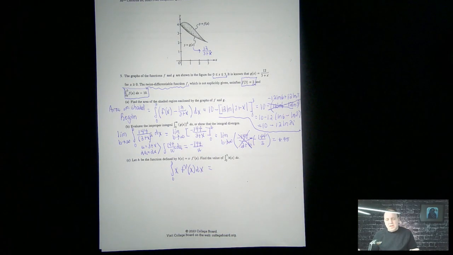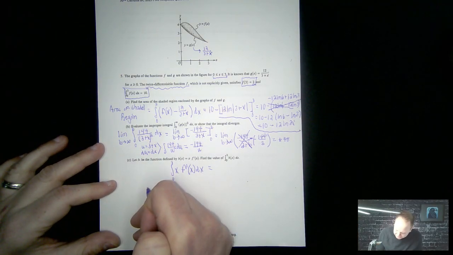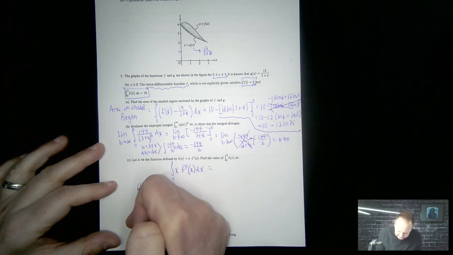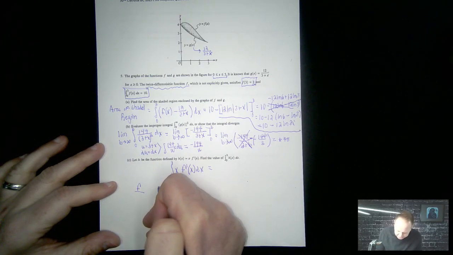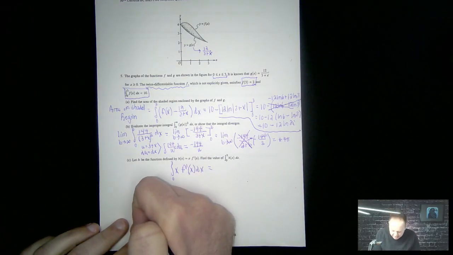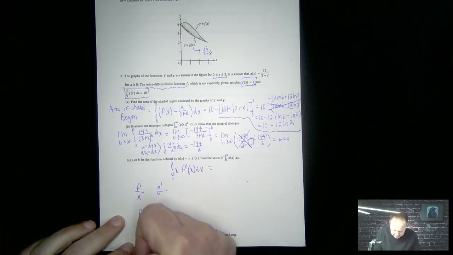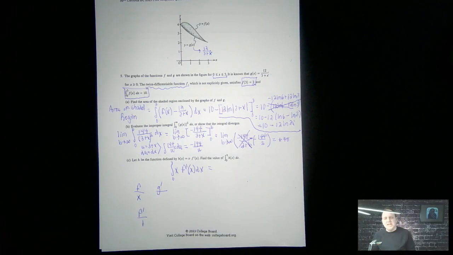Equals, and again, I don't know how you were taught integration by parts. I taught my students just function notation, so f and g prime. I know I want my f to be x because when I trade down to another integral, I want it to take the derivative of x down to a 1.